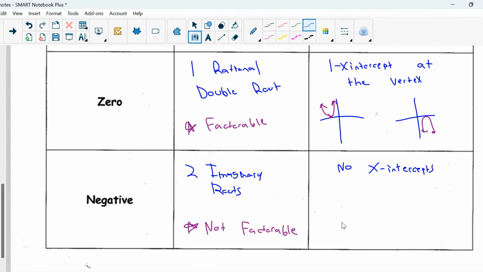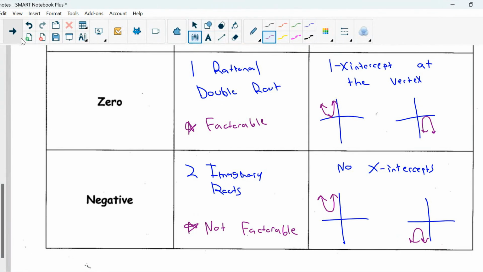Okay? So if I was to draw two graphs, that would mean that you could have a positive that is above the x-axis, or you could have a negative that starts below the x-axis. All right, so I know I went through that pretty quickly. Make sure you take note of all four of the different cases for your discriminant.